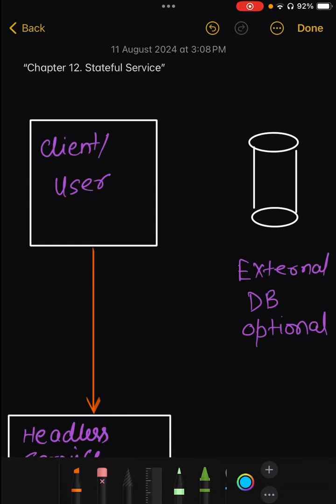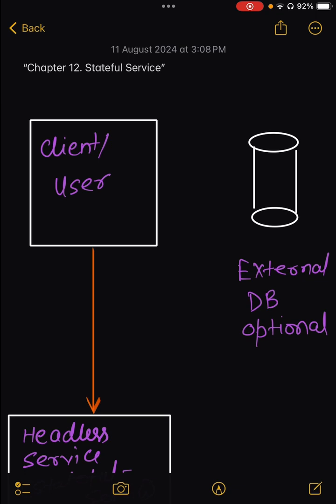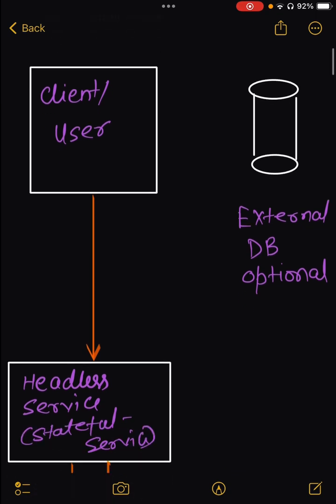Let's understand how to design stateful services in Kubernetes in depth. The stateful design pattern is critical for applications that need to retain some form of state across multiple requests or sessions.